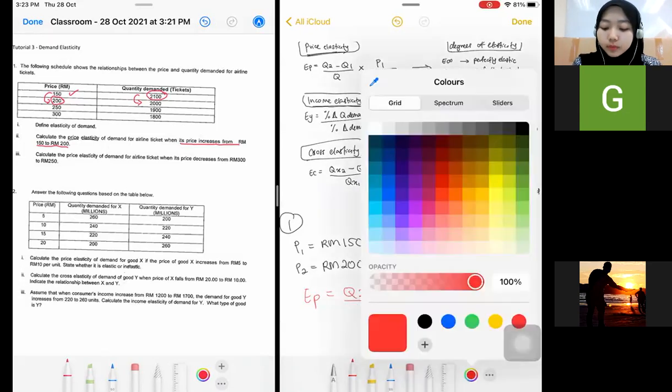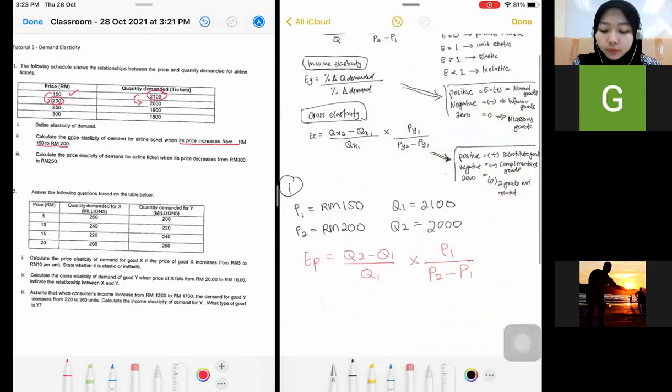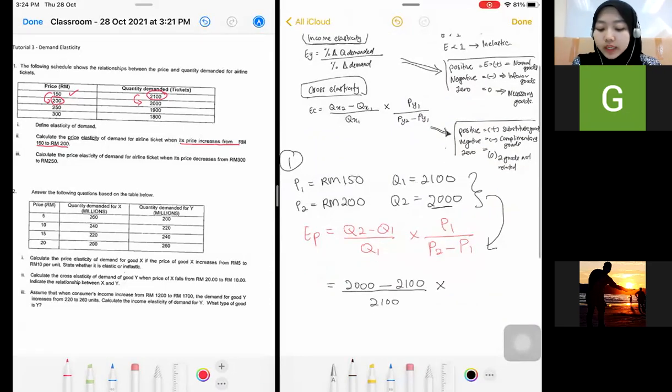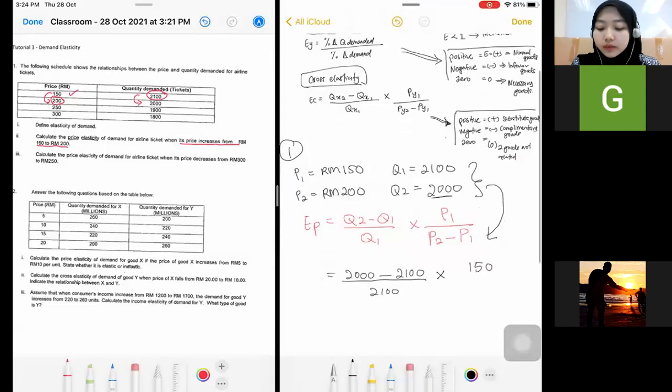Now place the important information in the formula. Q2 is 2000 minus Q1, which is 2100, over Q1, which is also 2100, times P1, which is 150, over P2, which is 200, minus P1, 150.